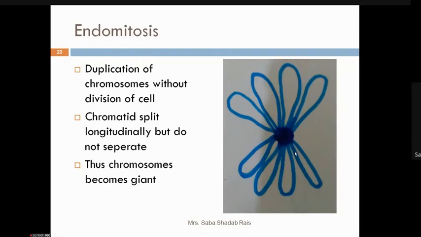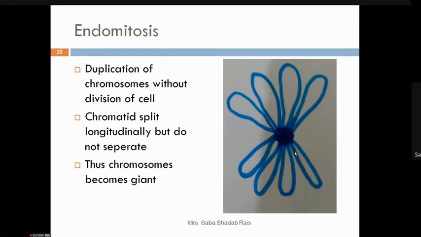We know the habit of the larva: they are voracious feeders, so what they require is digestive enzymes. Only the enzymes are much required, so duplication of all the chromosomes is not possible and not required. Whatever chromosomes or enzymes are required, only that particular chromosome duplicates.